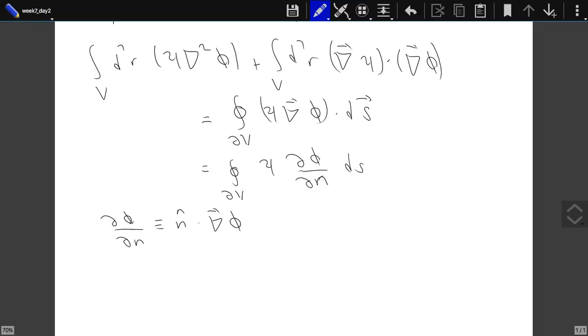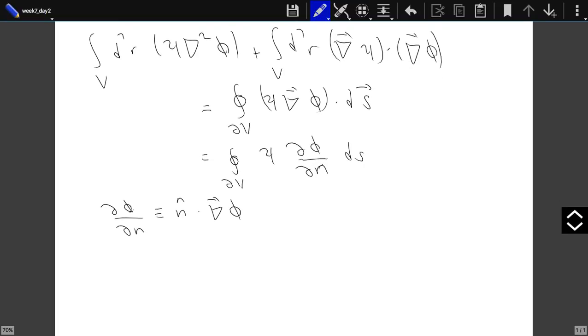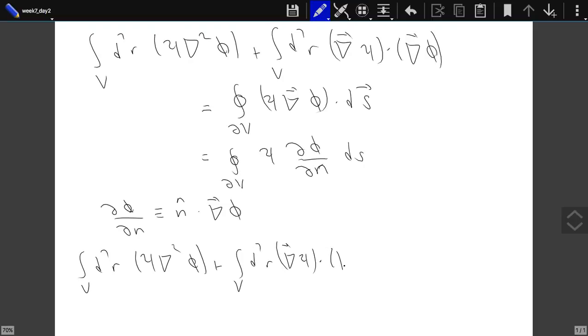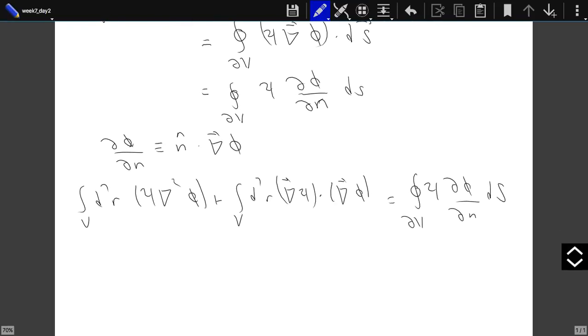Now the second one is, for us, more useful. To obtain the second one, you just exchange phi and psi. So on one hand we have this equation, and this should be true for any psi and phi.